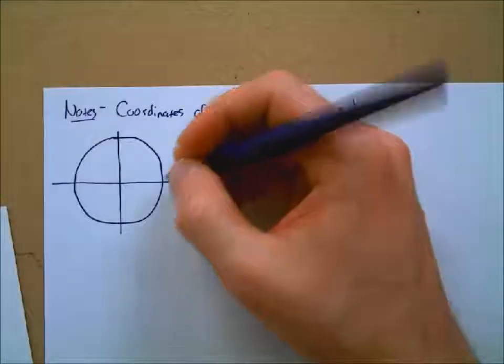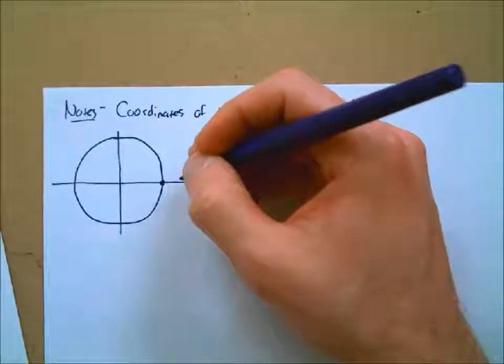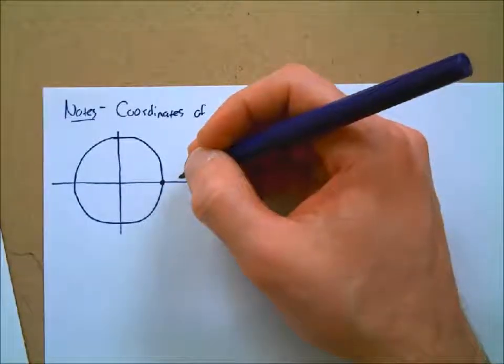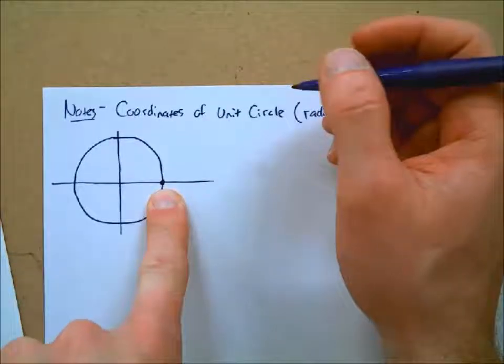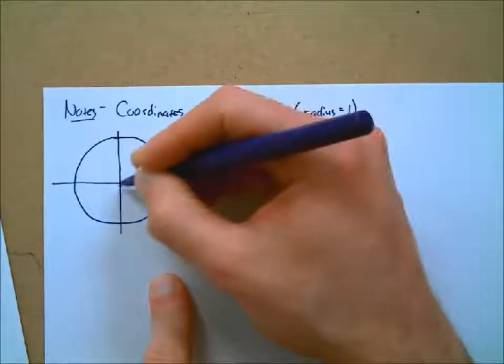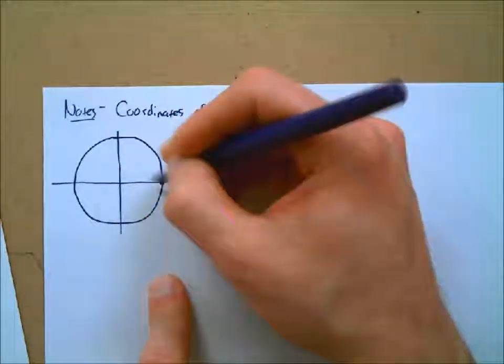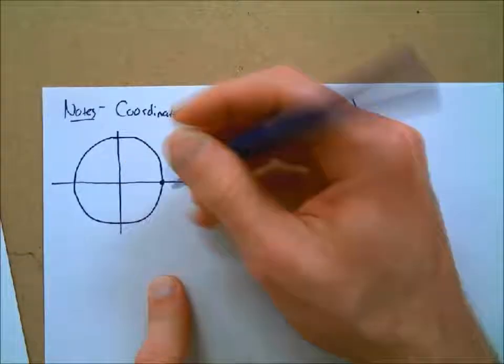So, for example, here where we are at 0 degrees, 0 radians, or 2 pi radians, or 360 degrees, if you like, what would the coordinate of this point be again? 1, 0, right? Because we know this is a circle centered at the origin with a radius of 1. So we're exactly 1 away horizontally from the origin, so the coordinate would be 1, 0.